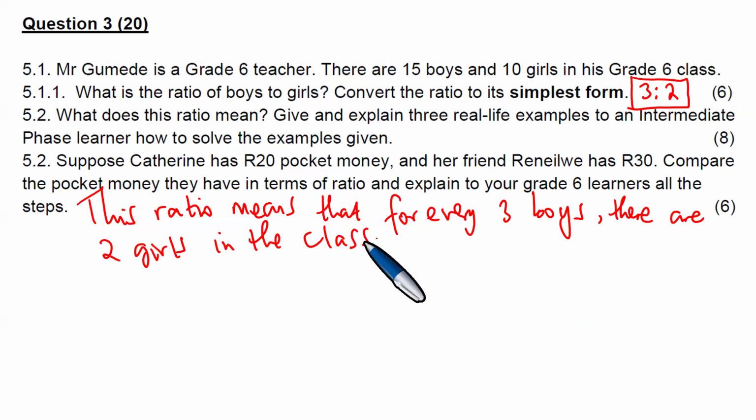Well done. Okay, good. So the ratio means that for every 3 boys, there are 2 girls in the class. So the ratio is 3:2. But give and explain 3 real-life examples. Right, so we need 3 real-life examples.